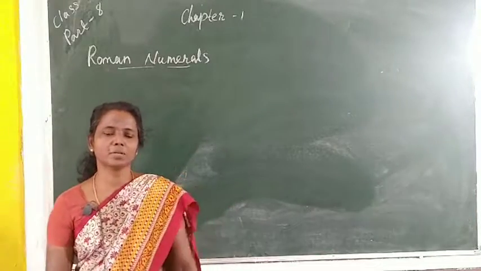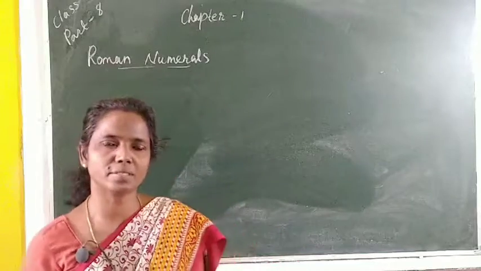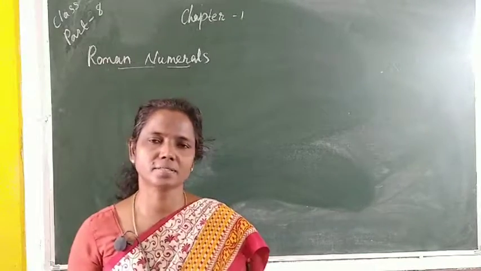In Roman numerals there are 7 basic symbols. How many basic symbols? 7 basic symbols.